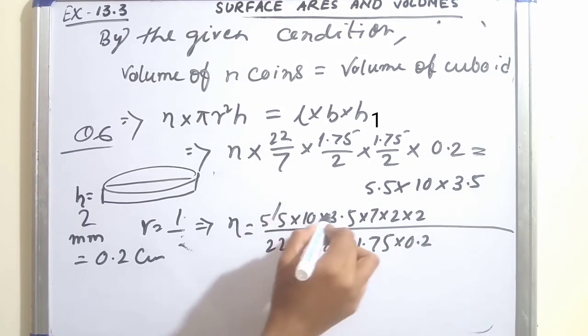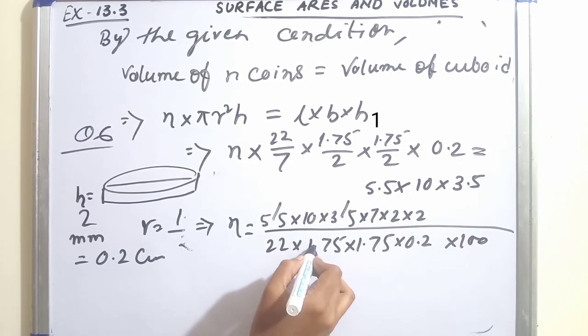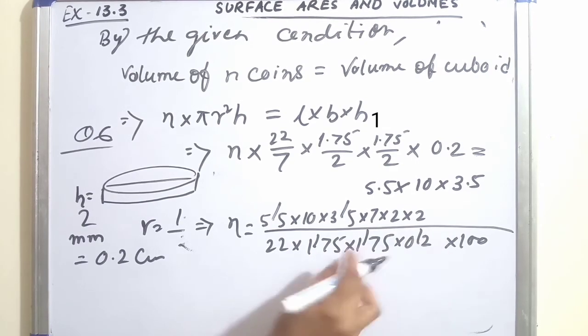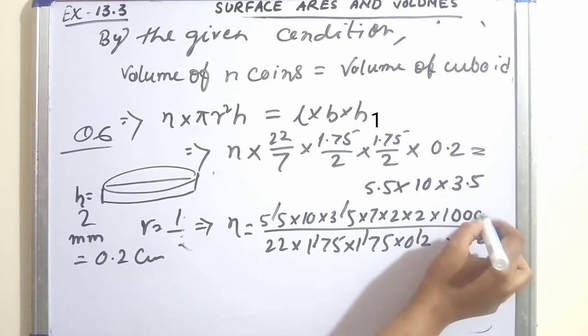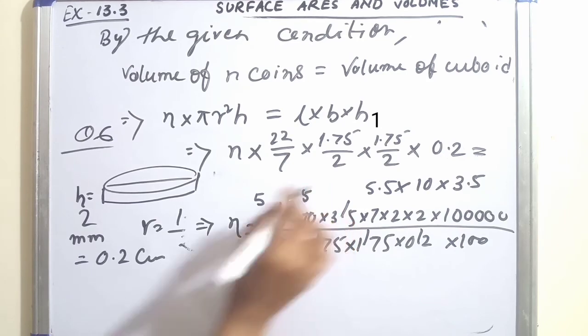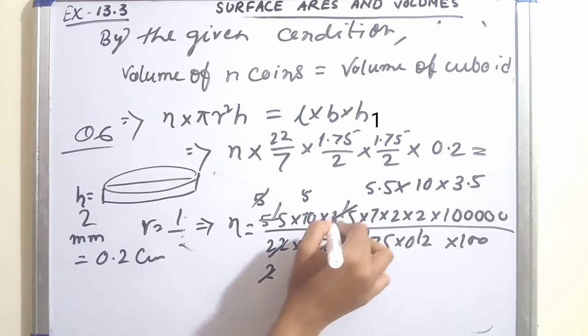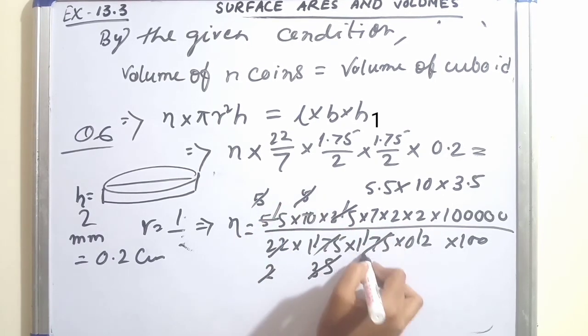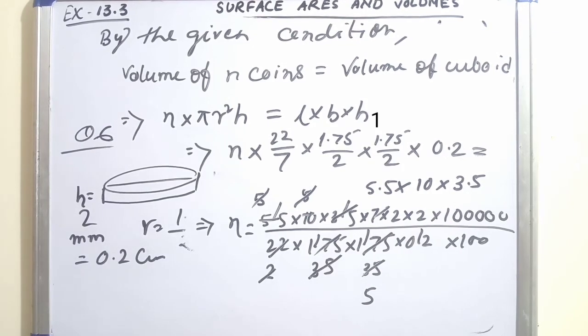So after removing the decimal points, 11 2s are 22, 11 5s are 55, 2 5s are 10, 35, 35 cancel out, 7 5s are 35.